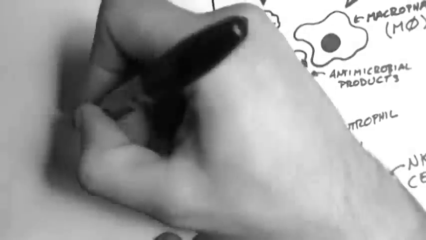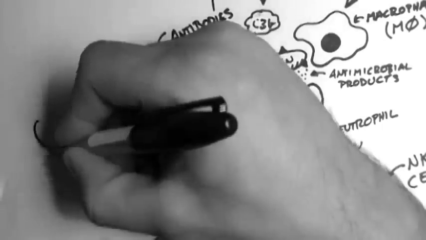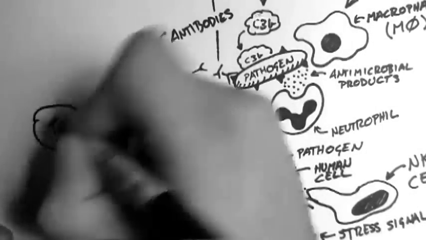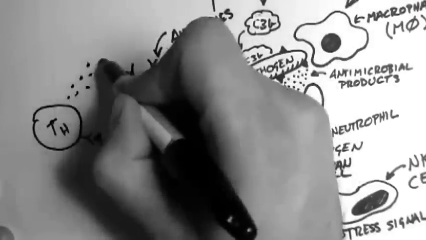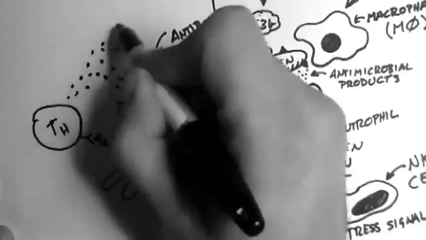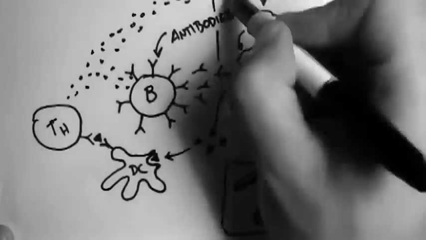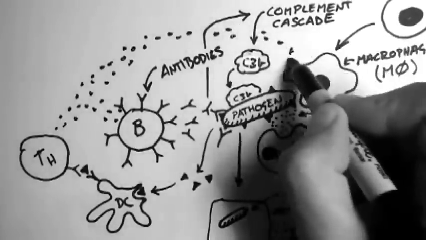This is known as the MHC molecule. And T cells, of which there are two types, this is a T helper cell, can then be induced to release chemicals that allow the B cells to do their job better and also encourage macrophages and neutrophils to arrive on the scene.